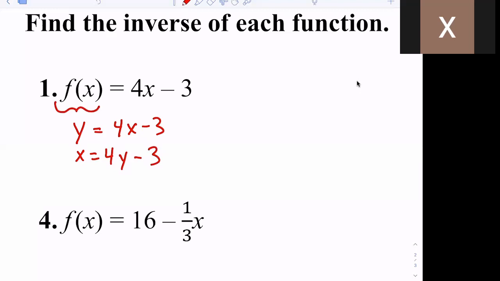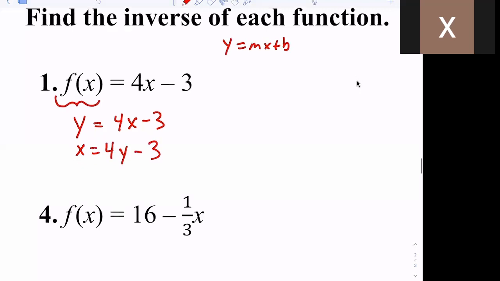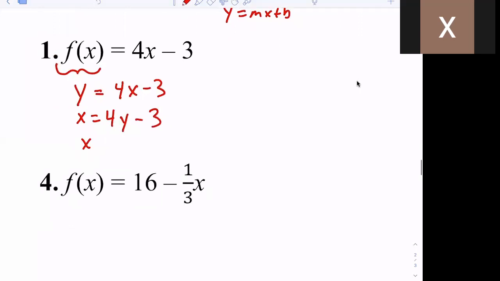All right, now that is the correct equation for the inverse. But they want you to always write the inverse in y equals mx plus b form. So what do I have to do with minus 3? Add 3. So now you're going to say x plus 3 equals 4y.